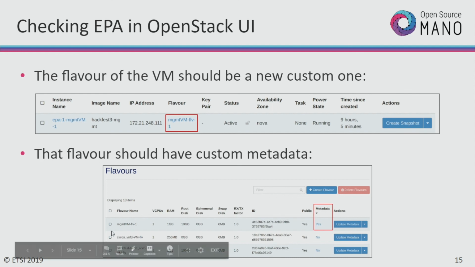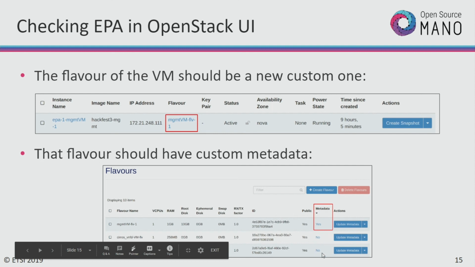So you look at the flavor, and in the list of flavors, it should say that there is additional metadata. In this case, management VM flavor 1 has this field saying yes.